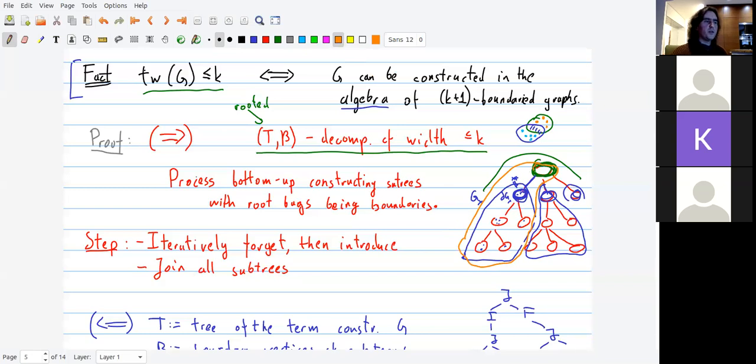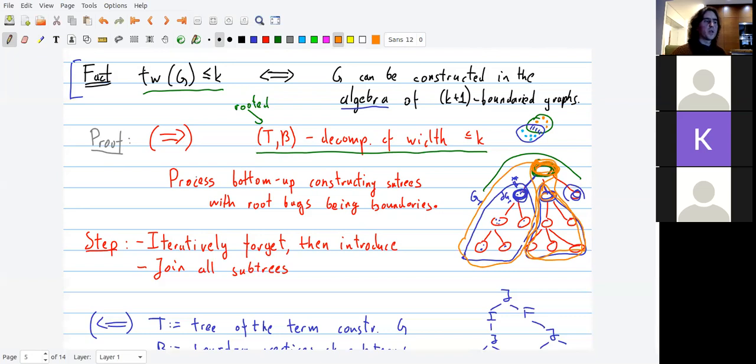So when going from this graph to a graph that looks like that, with this being the boundary, I can do it by iteratively first forgetting the vertices from the difference and then introducing new vertices from the difference. And in the same way, I can move from this blue graph with this being the boundary to this graph with the topmost bag being the boundary, and so on.